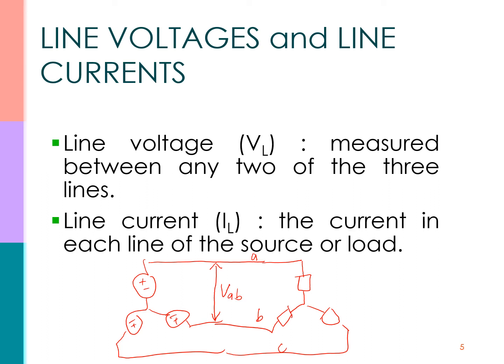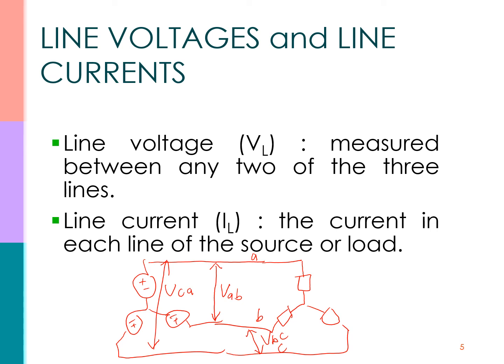Then line B measured to line C, we call it VBC. And then line C measured to line A, we call it VCA. And line current is the current in each line of the source or load.